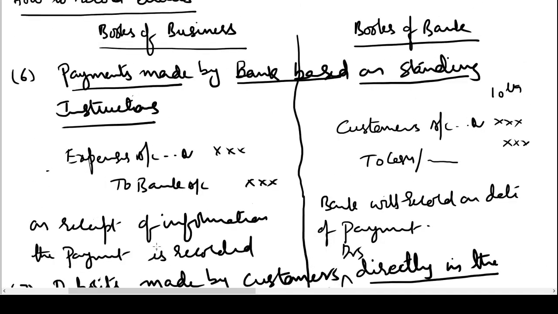These entries have to be learned, and it has to be understood when a particular transaction is recorded by the bank and by the business to understand why there can be differences between the balances shown as per the books of the business and the balances shown as per the books of the bank. And if there is any difference which is temporary in nature, it can be explained through a statement called the bank reconciliation statement. So these are the fundamentals which we have learned relating to bank reconciliation statement.